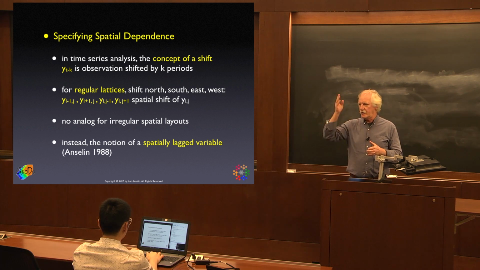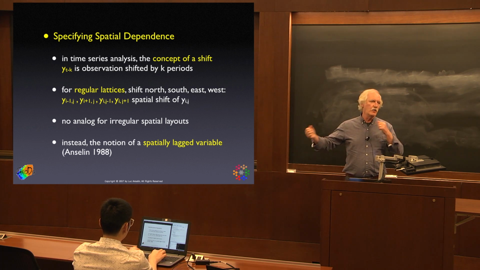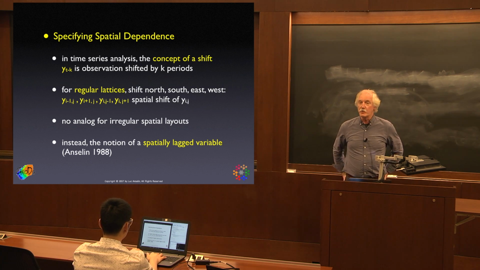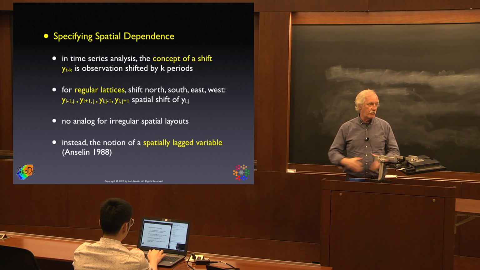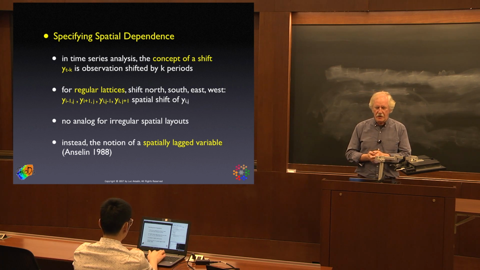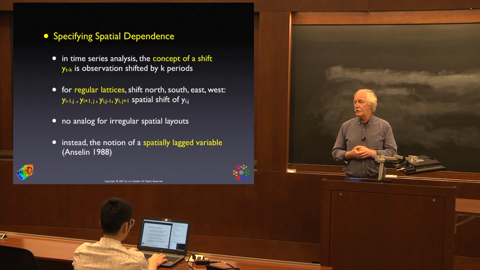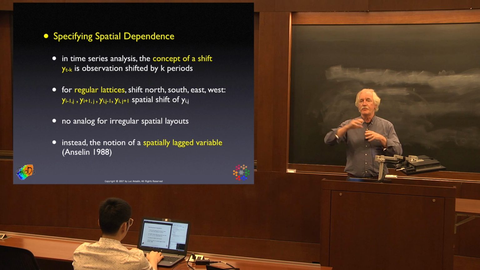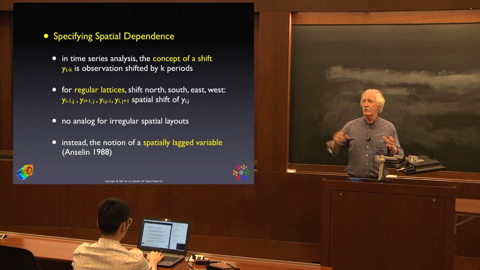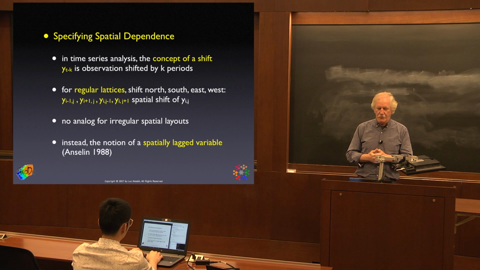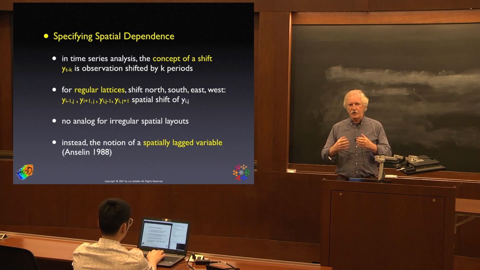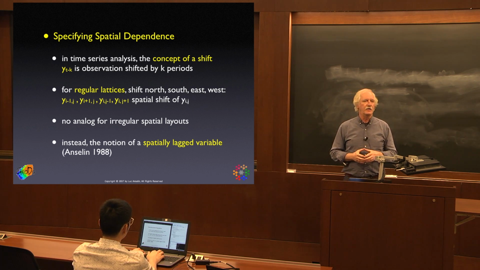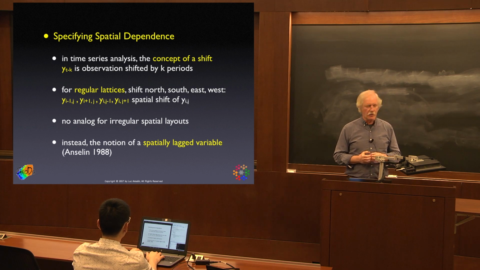On a regular grid, regular lattice, you can go east, west, north, south, and so in a lot of remote sensing, for example, you have a grid structure, so there isn't any ambiguity, but that does not extend well into irregular layouts. If you have counties, some have 4 neighbors, some have 5 neighbors, you can't have a strict analog of the shift in space for irregular layouts.